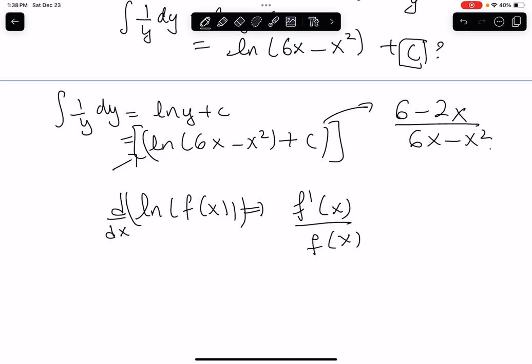So if you have d by dx of ln of 6x minus x squared, then you simply apply the chain rule.